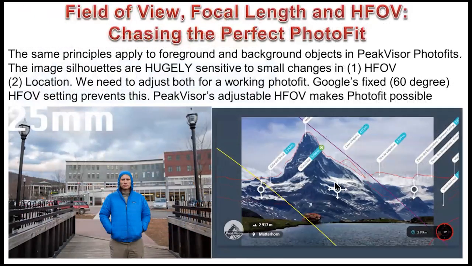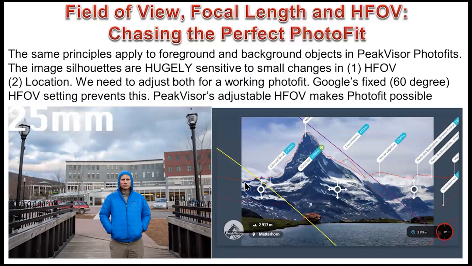So the same principles apply. The image silhouettes that are generated by anything that's doing 3D rendering of terrains, they're hugely sensitive to location. Thank God, that's the thing we really want to change. But they're also hugely sensitive to the horizontal field of view, to the focus. It's not just cameras that have a horizontal field of view.